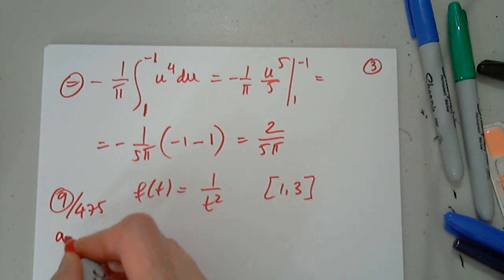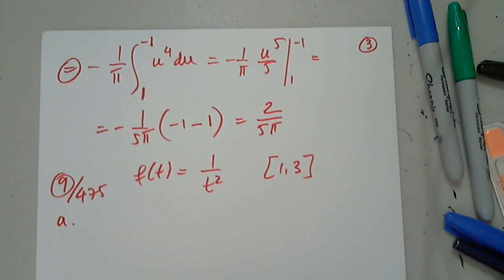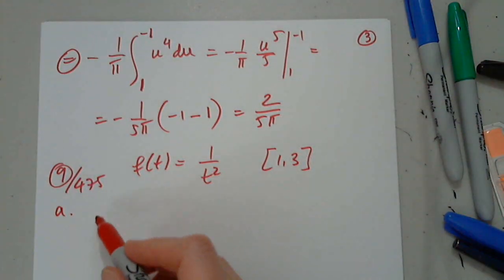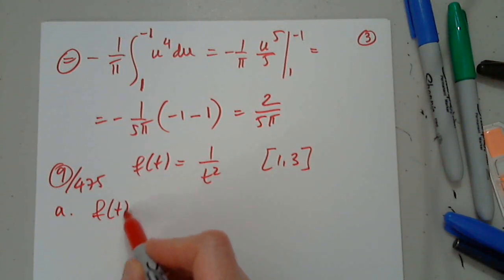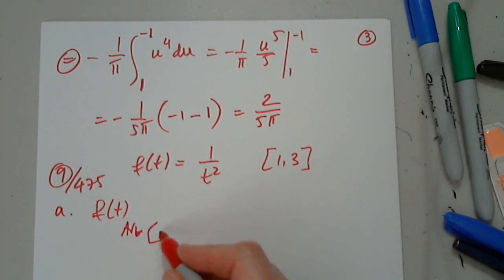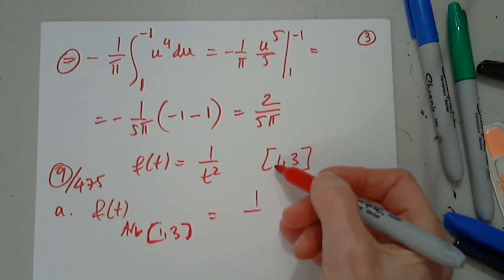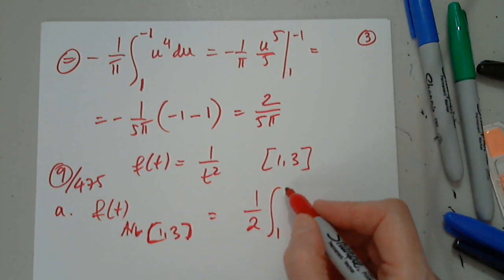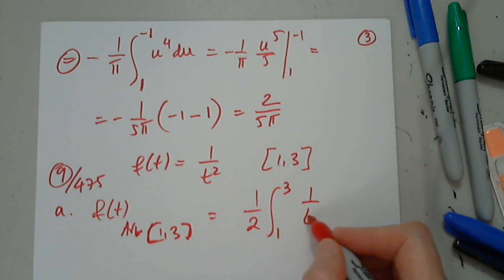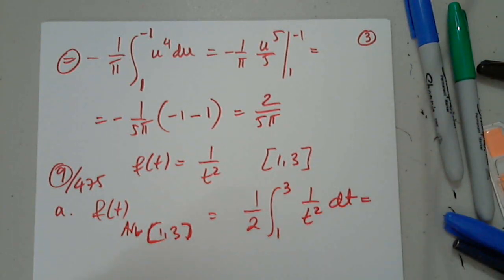So we have part A, find the average. That's nice. So f of t average between 1 and 3 is 1 over 3 minus 1, which is 2, times the integral from 1 to 3 of 1 over t squared dt.